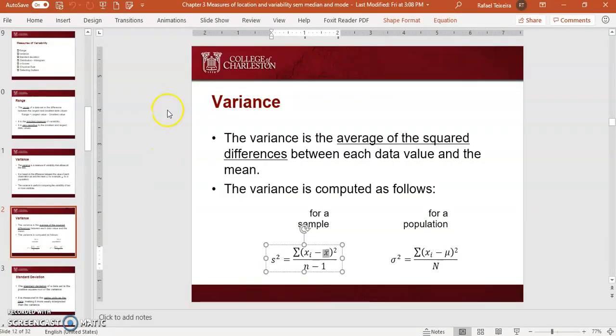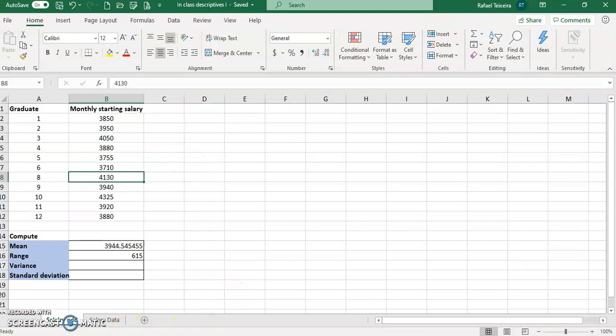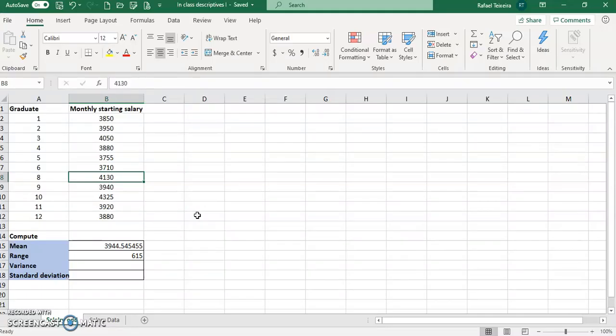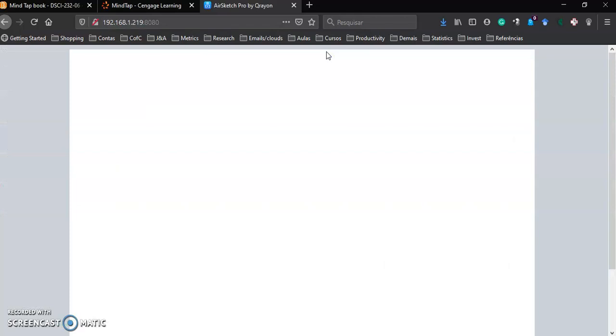Let me try to show you this in a different way. Let's take a look at how much the mean is. The mean is 3,945.